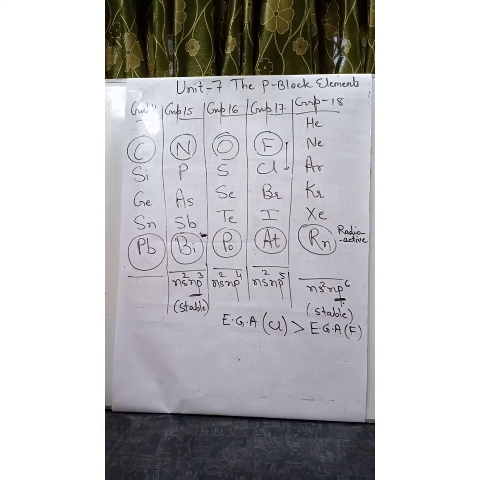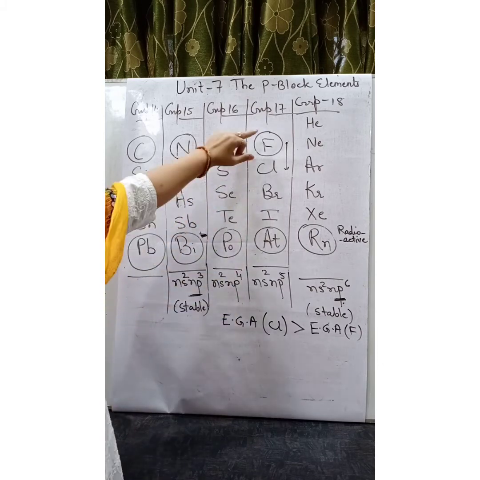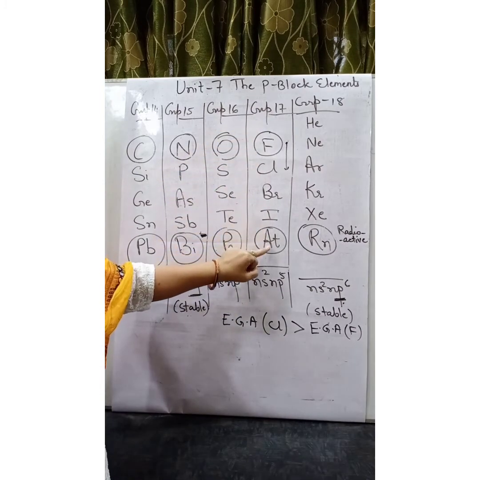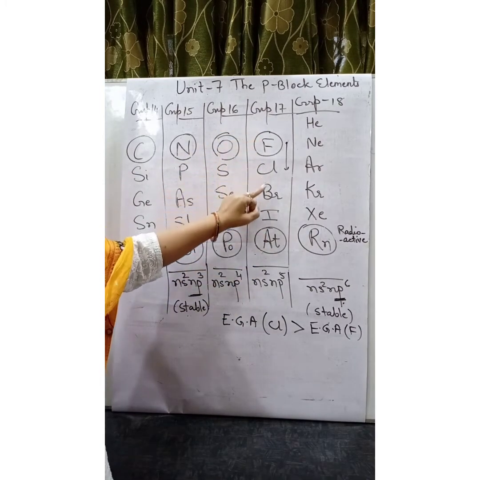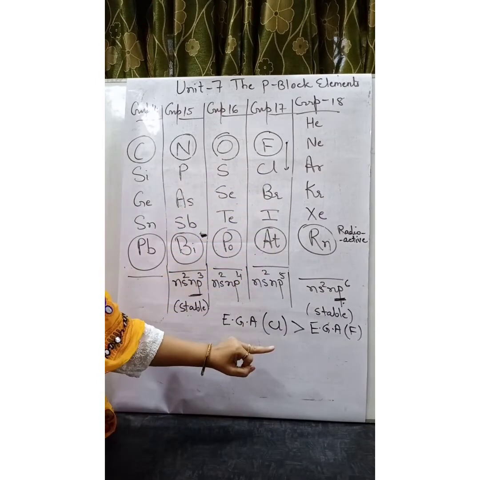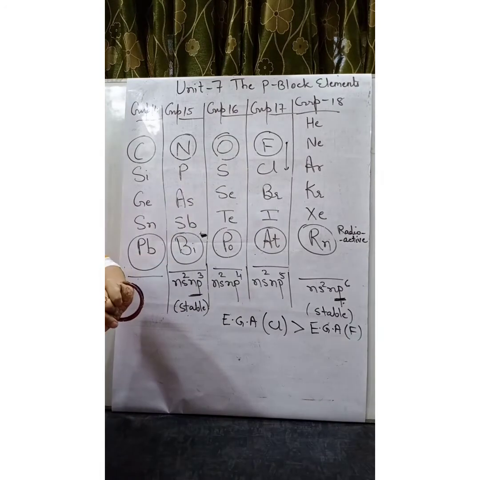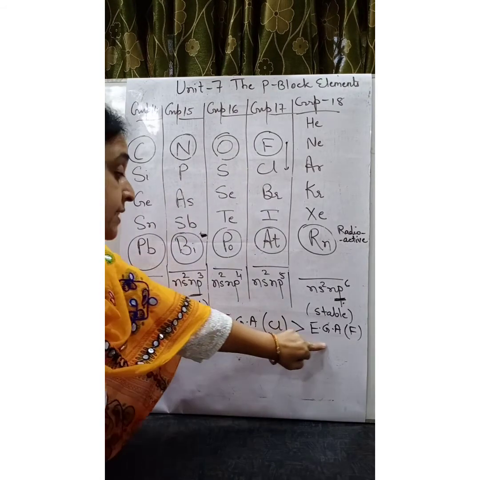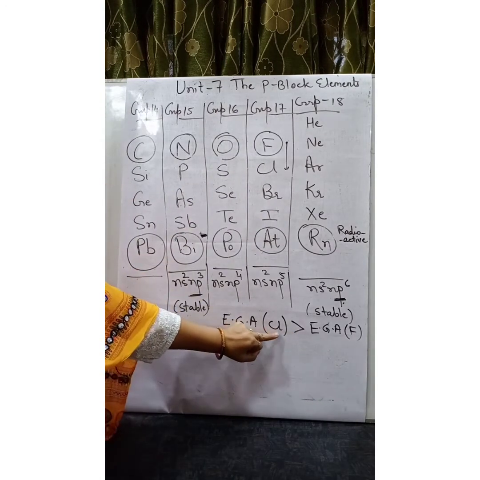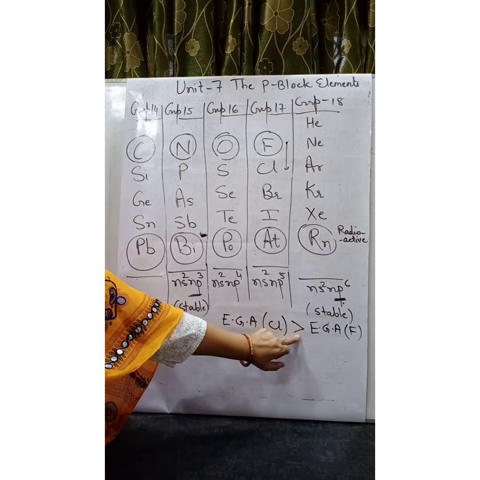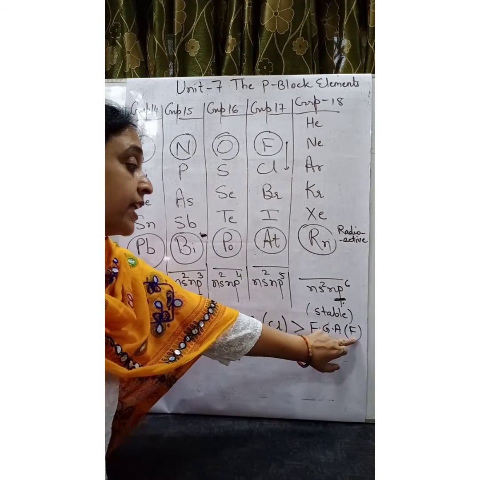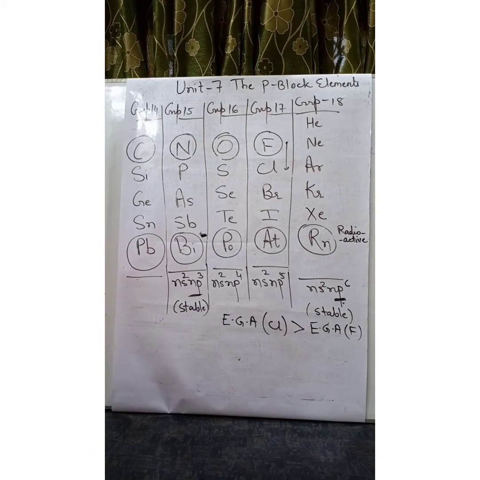Now this is an exception. Why? When we are moving from top to bottom, electron gain enthalpy should decrease because chlorine is bigger in size as compared to fluorine. But what do we notice? Electron gain enthalpy of chlorine is greater than electron gain enthalpy of fluorine.